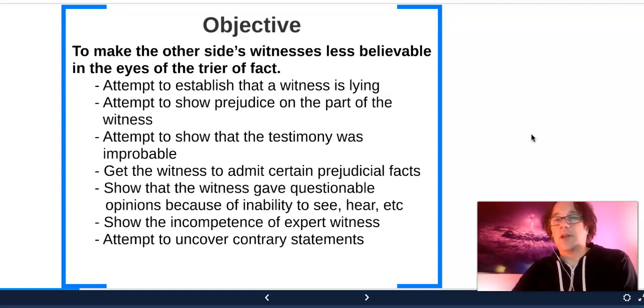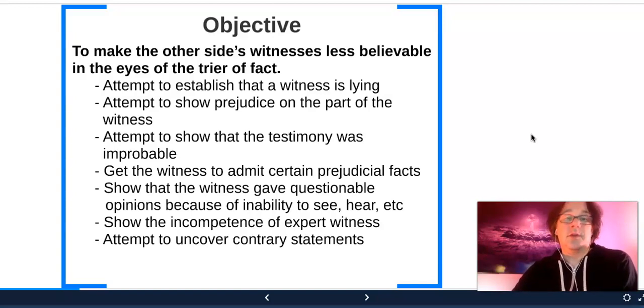So that might call into question what they claimed that they had heard. So we might also want to show the incompetence of an expert witness. So if we have an expert on the stand giving direct testimony, in cross-examination this is when you want to try to question their qualifications or question their competence.